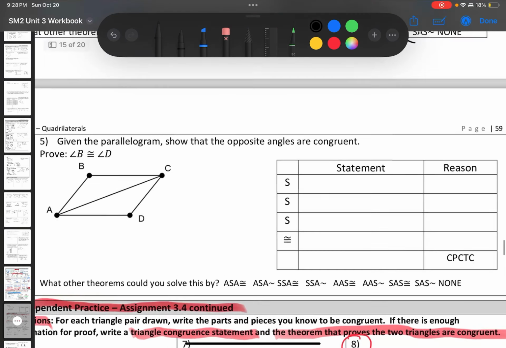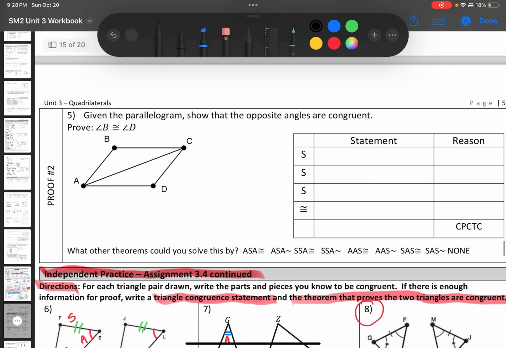Okay, last one. Given the parallelogram, show that the opposite angles are congruent. So prove that angle B is congruent to angle D. If you look at the left side of your table, you'll see side, side, side.